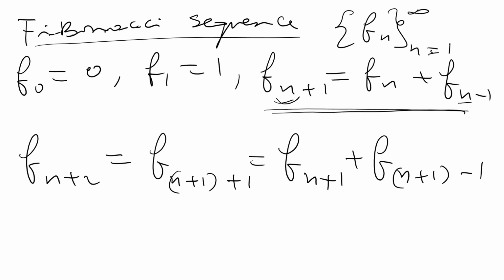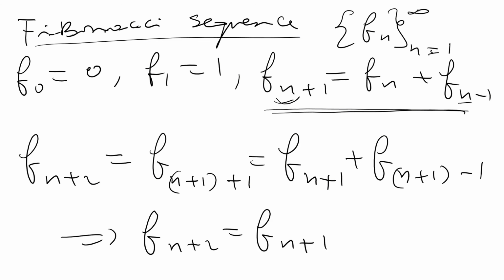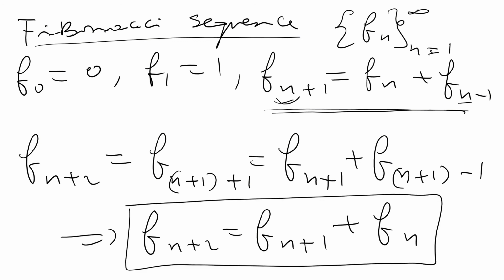This implies f_{n+2} equals f_{n+1} plus f_n. So this is another relation for the Fibonacci sequence that I derived from this.